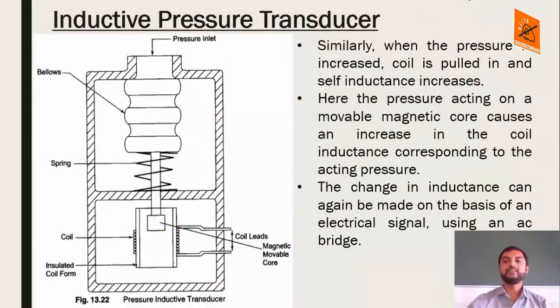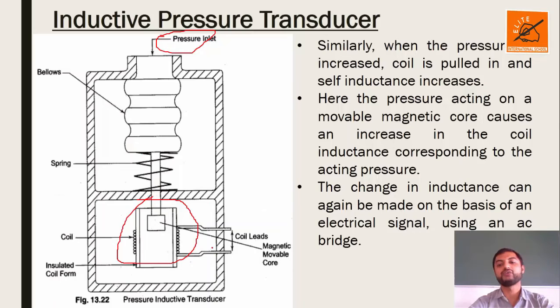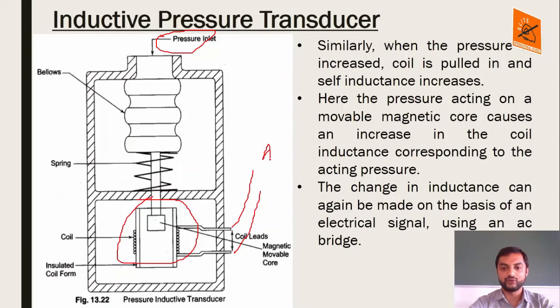Similarly, what happens when pressure increases? I told you the self-inductance increases, and you can see over here that pressure can be measured by measuring the self-inductance of the sensing element, and with this you can connect the AC bridges over here and measure the pressure inlet.